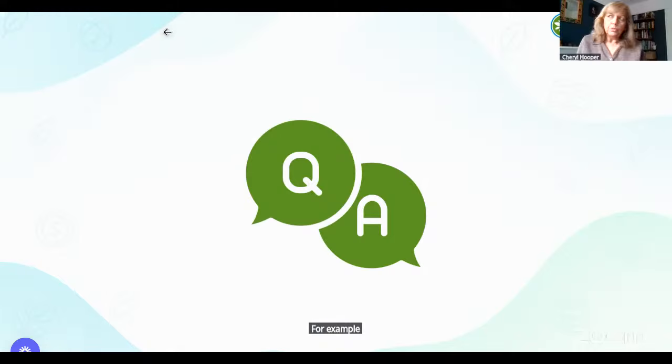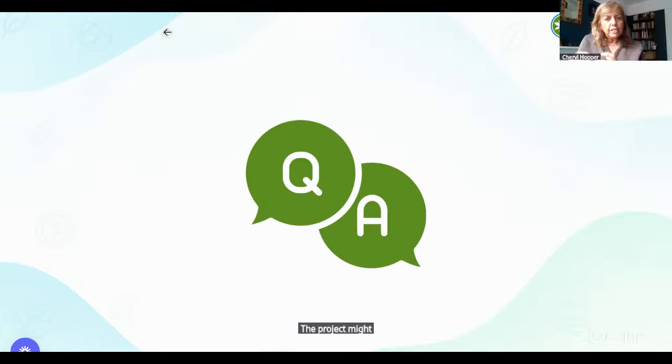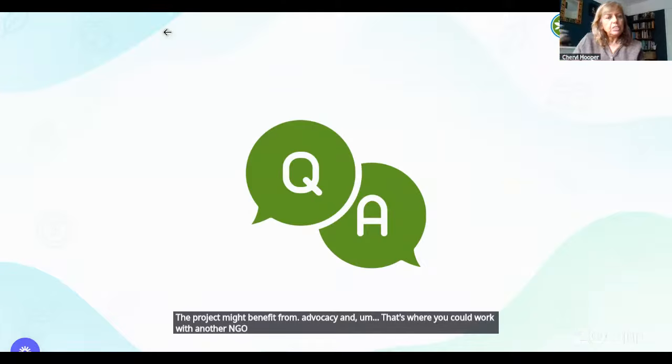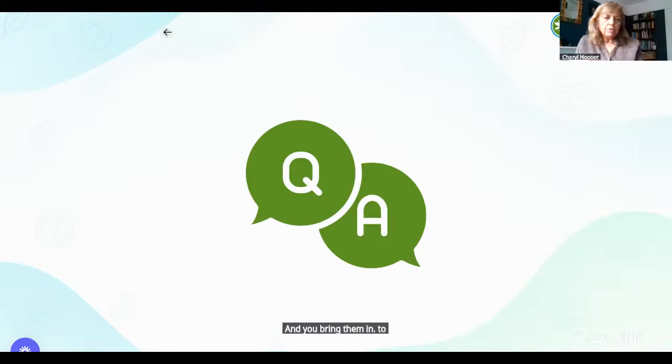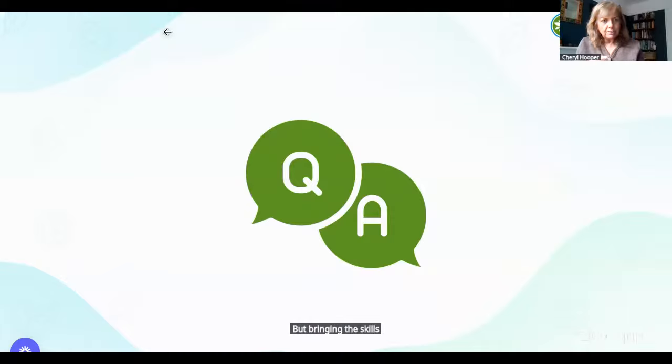For example, say you're a health NGO and you see a grant opportunity, but you think that the project might benefit from advocacy. That's where you could work with another NGO who specialises in advocacy, and you bring them in to work on the advocacy side of a health programme. That's how you would collaborate and add value, by bringing the skills and the experience of NGOs together to strengthen a grant application.